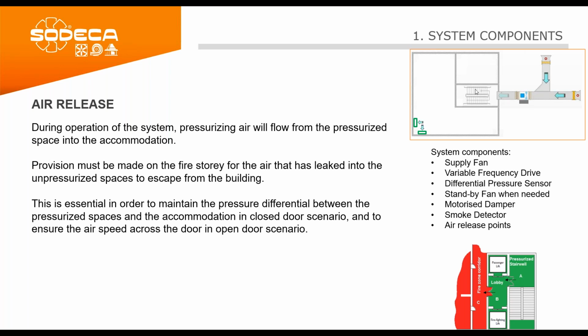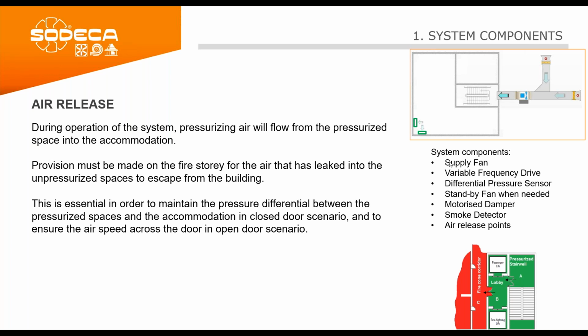So we are supplying air into the stairwell. This air will leak to the accommodation area, and we have to provision the building with this air release in order that this air flows from the accommodation area to the outside. This is essential in order to maintain the pressure differential between the pressurized space and the accommodation area in the closed door scenario, and to ensure the air speed through the open door in the open door scenario.